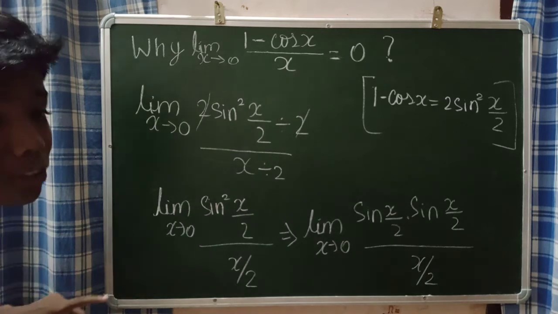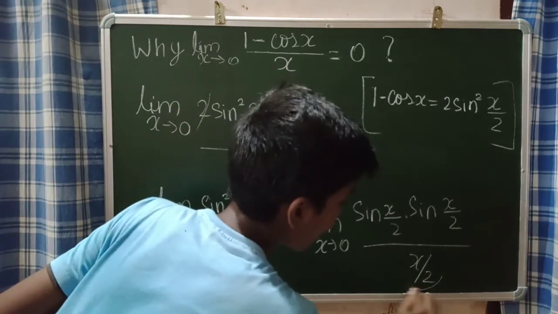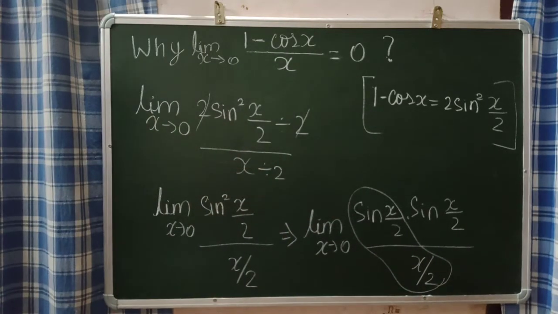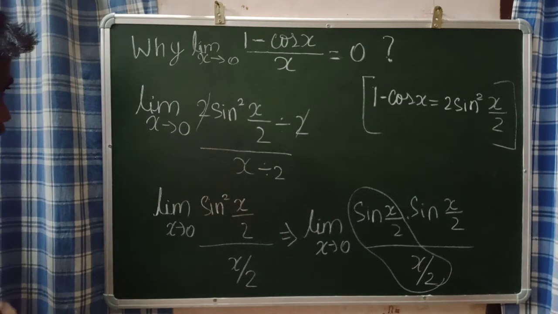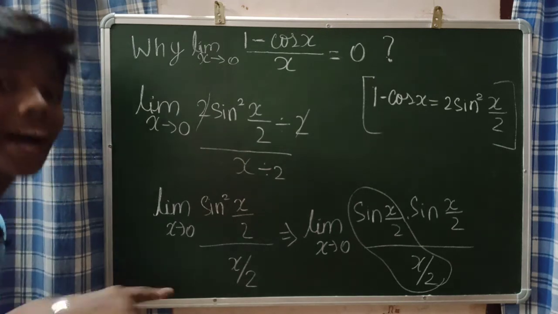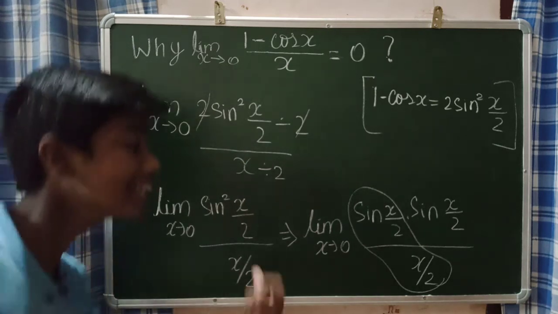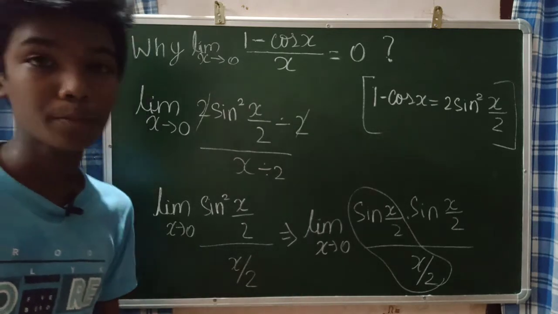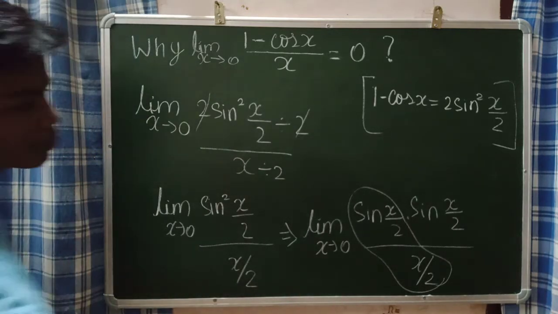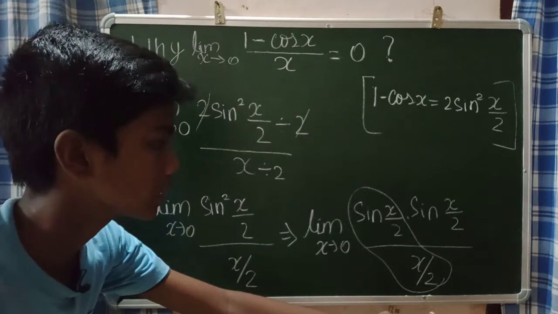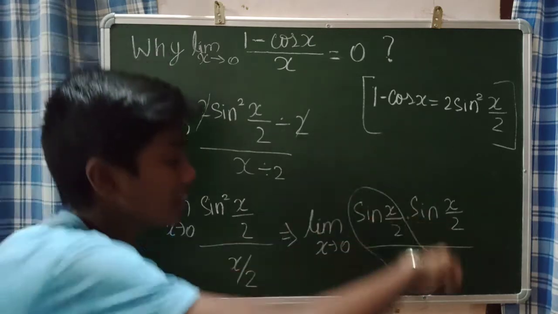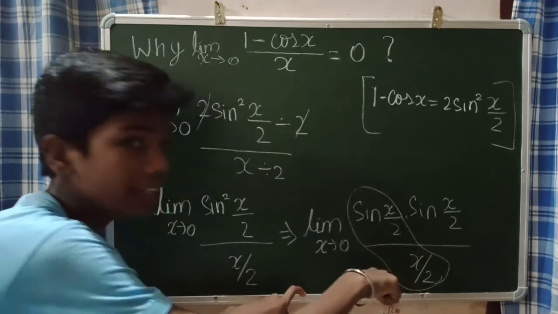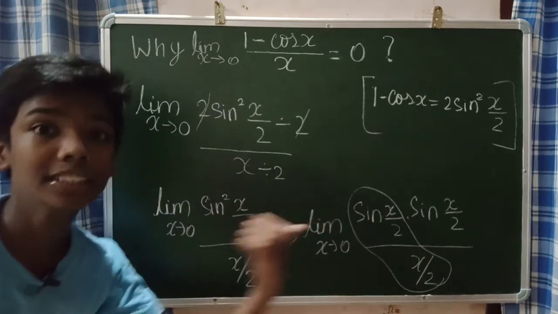Now try to note one thing. What is sine x by 2 divided by x by 2? It will be 1 when x tends to 0.